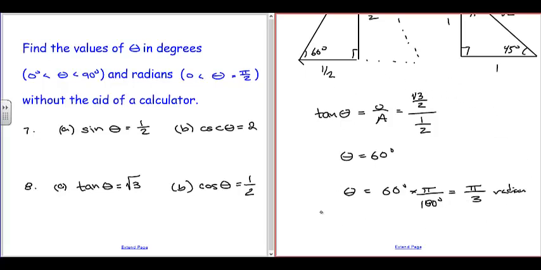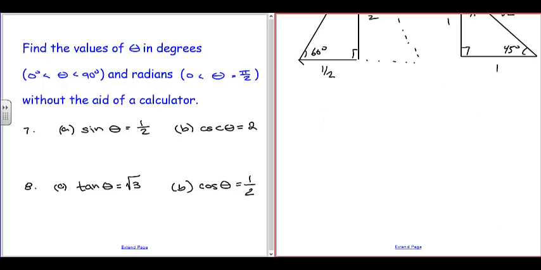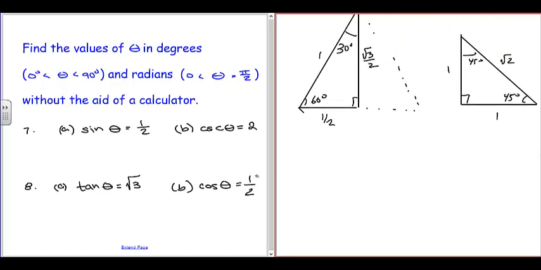And then for 8B, again, this does not involve the square root of 2, so it's not the 45-degree triangle. So we say the cosine of theta is the adjacent over the hypotenuse.